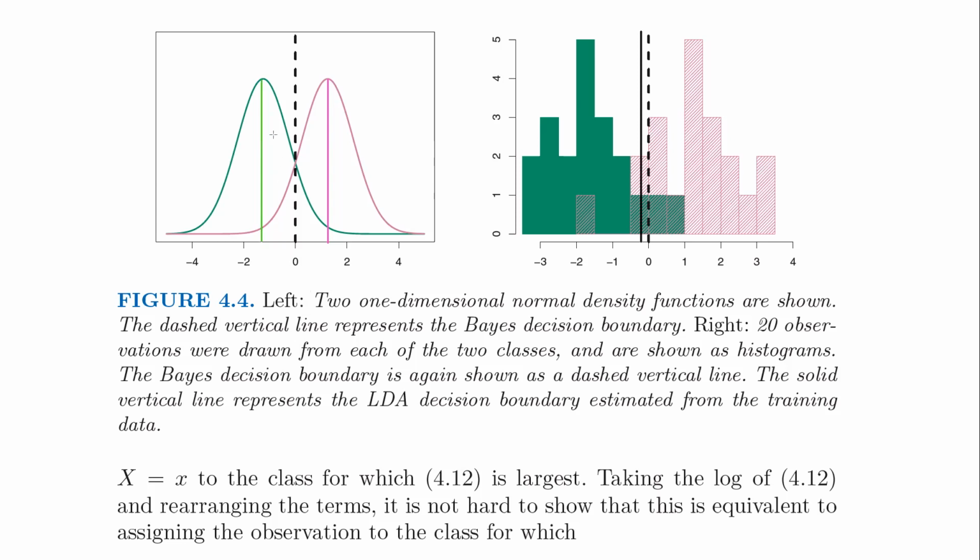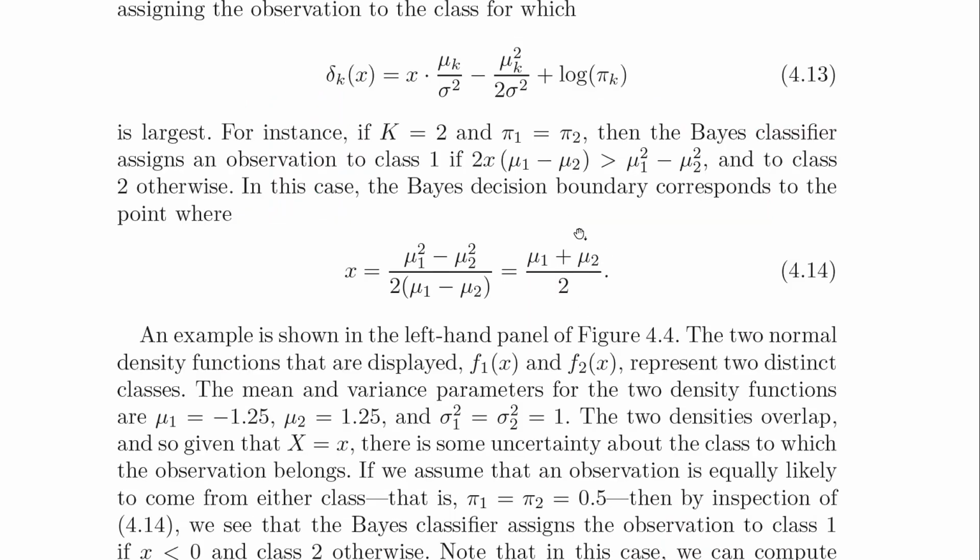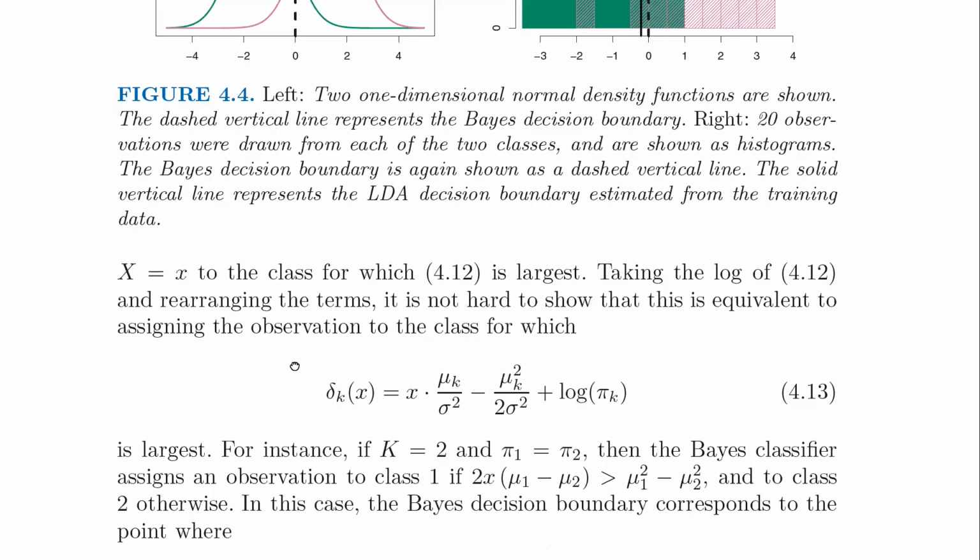The dashed vertical line, apparently in this situation, is just the mean of the means. Mean 1 plus mean 2, divided by 2.